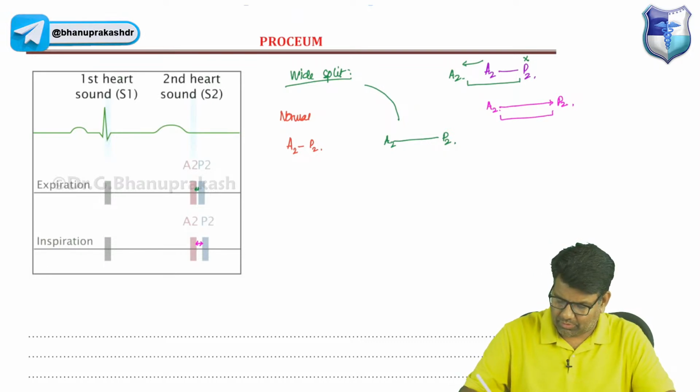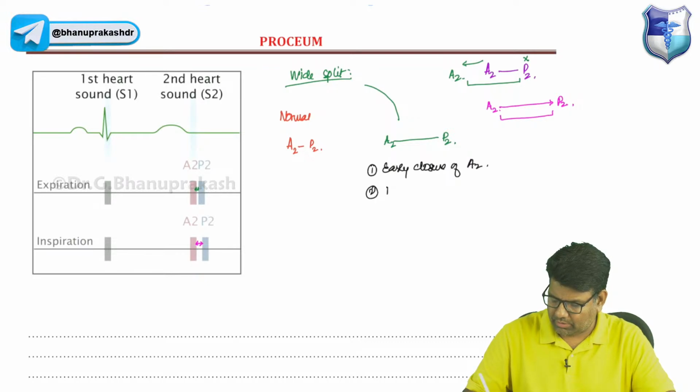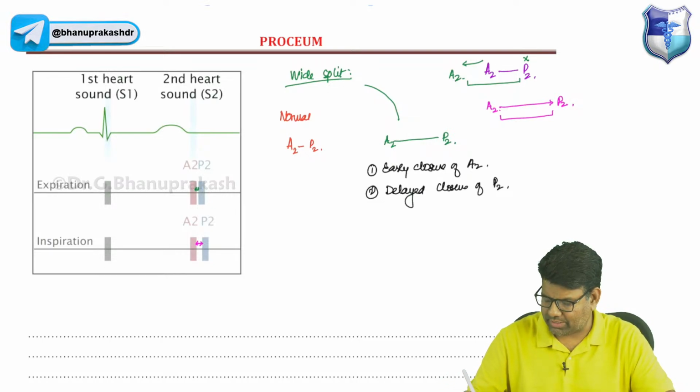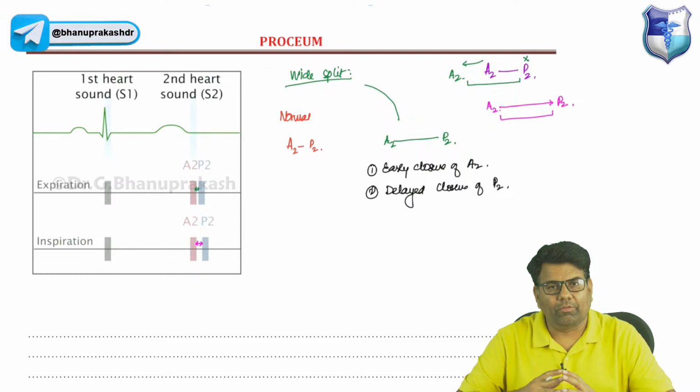So in terms of widening, you can mention two causes: either early closure of the aortic component or delayed closure of the pulmonary component of the second heart sound. These are the two possibilities where you will get wide split.